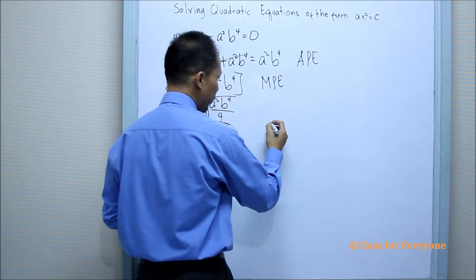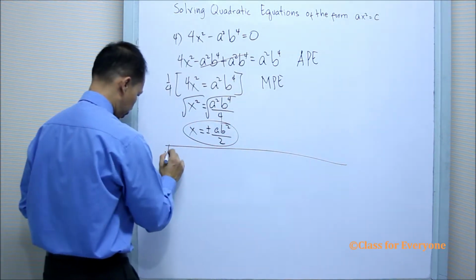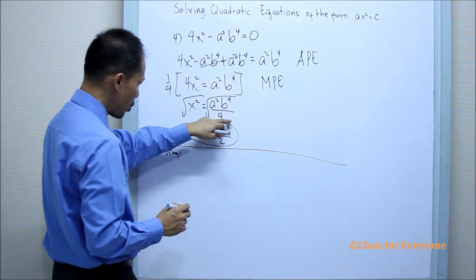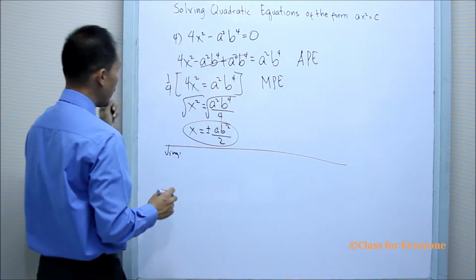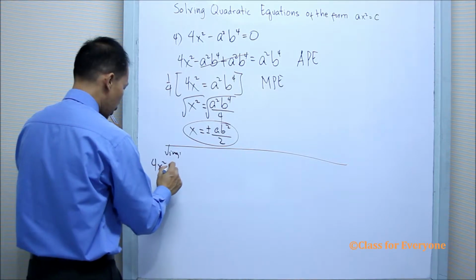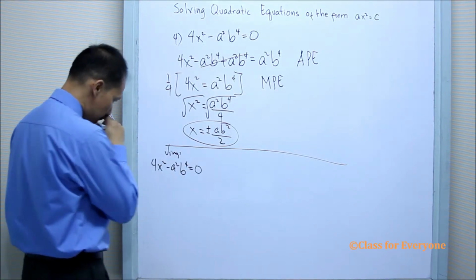By checking, I will replace positive a, b squared all over 2 in the original equation. So 4x squared minus a squared b to the fourth equals 0.